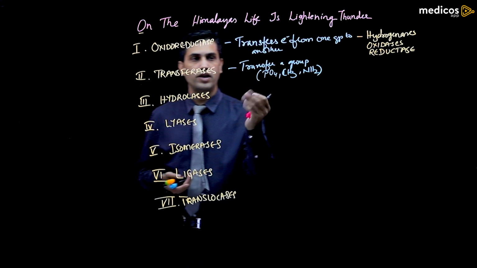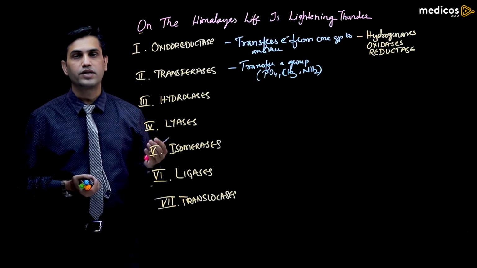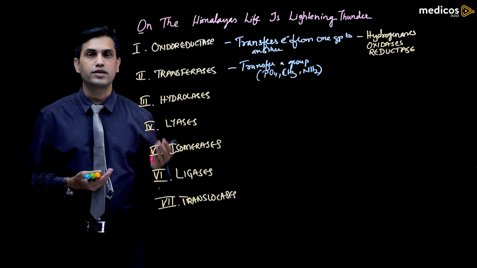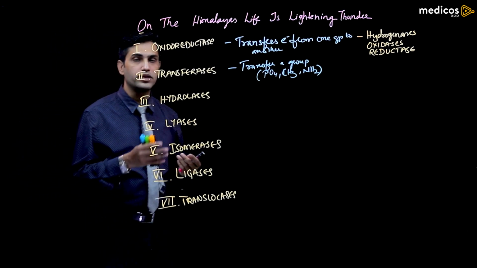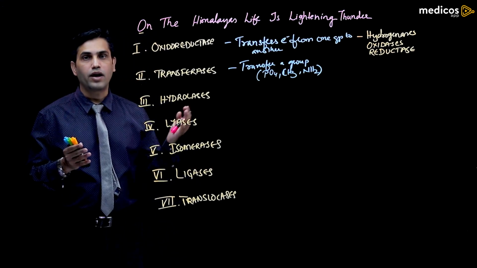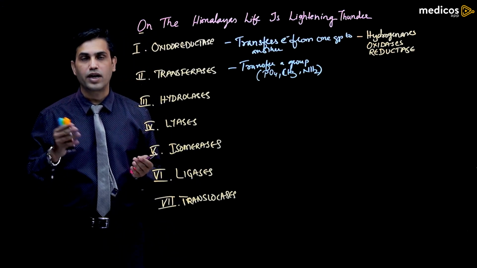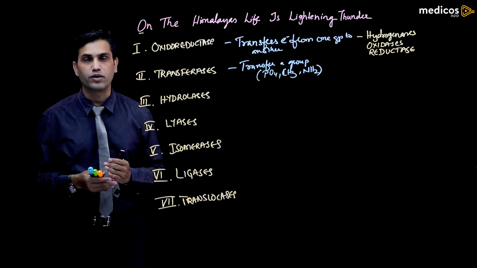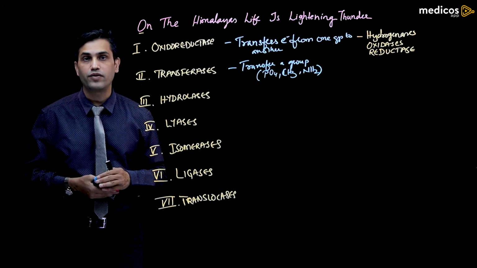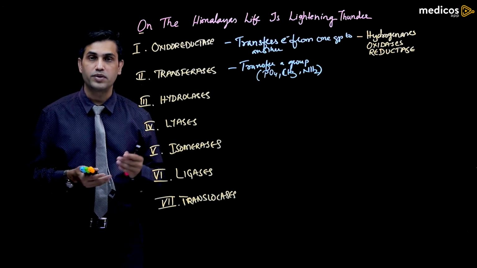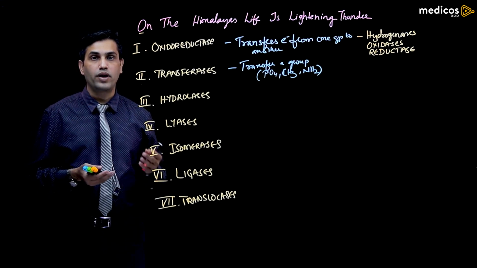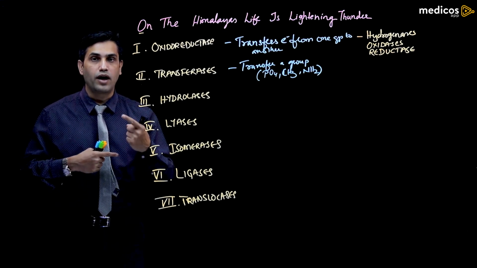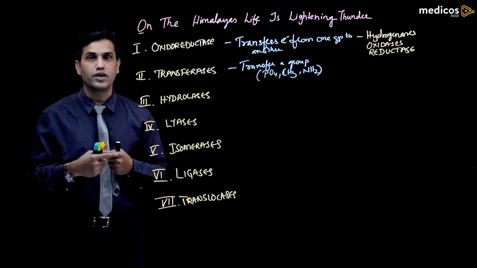Those which transfer phosphate groups, we have seen many kinases, phosphatases. What they do is they either remove or add a phosphate group. Okay, kinases add a phosphate group, phosphatases remove a phosphate group. We will see that in detail when we are talking about enzyme regulation, especially in glycolysis, wherein these enzymes are either phosphorylated or dephosphorylated.